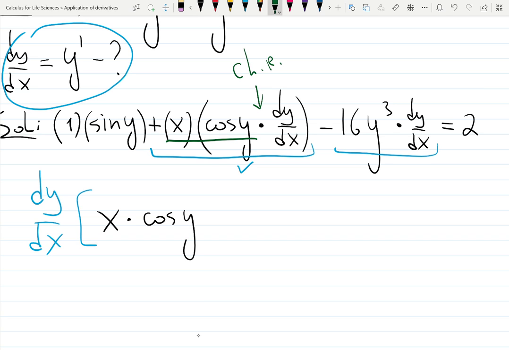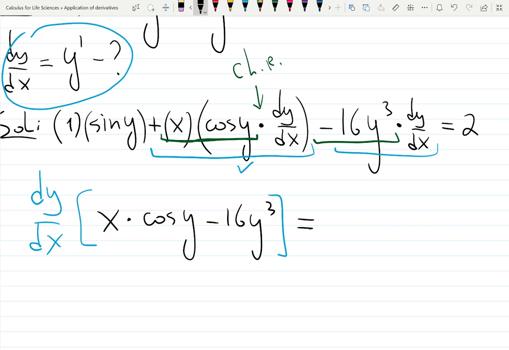This part stays. Minus this part, minus 16y cubed dy over dx, factor out dy over dx, gives you minus 16y cubed. See what I did? I factored out right away, and that's how you can speed up on the test.